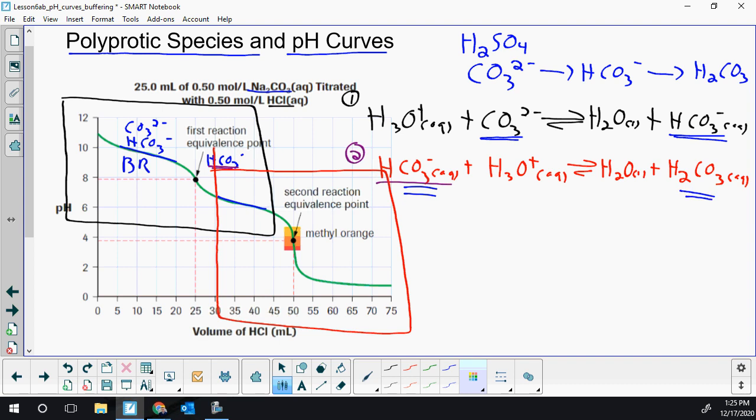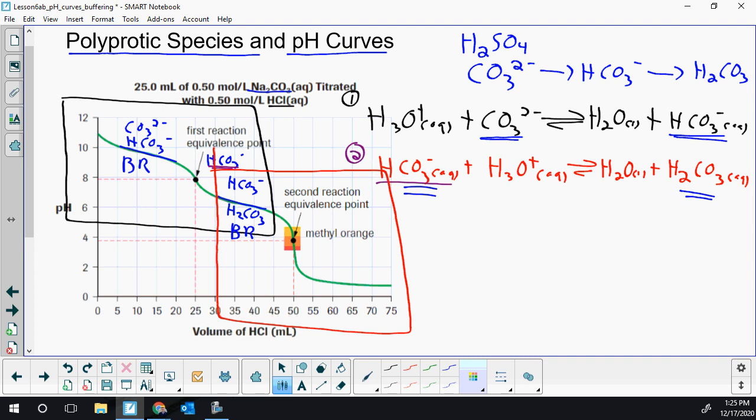And here our potential weak pairing, I've double underlined in blue again. When we're before this equivalence point, we have both of those chemicals. We've used up some of our HCO3-, but not all of it, and we've made some H2CO3. We've got both of those. It's a different pairing, but we still have a pairing that's weak-weak, so we have a second buffering region.